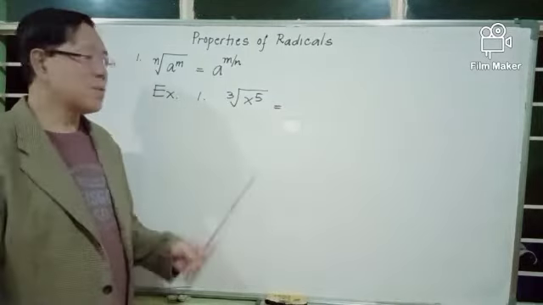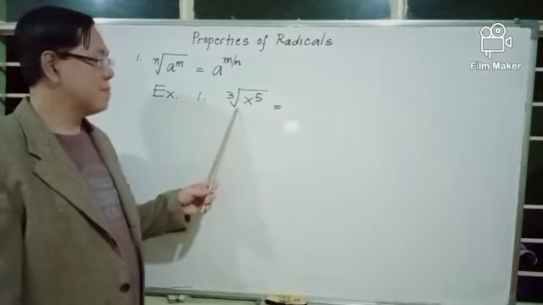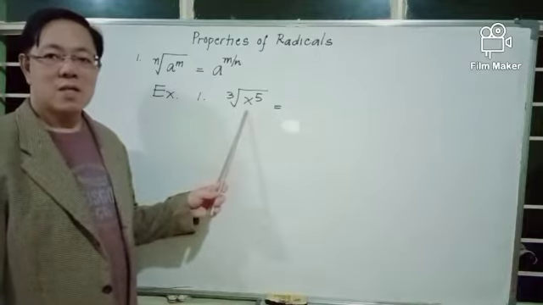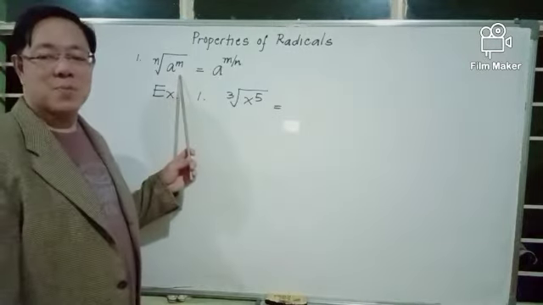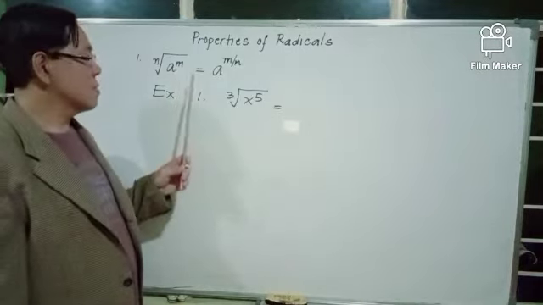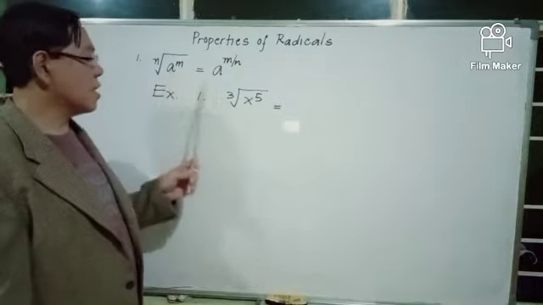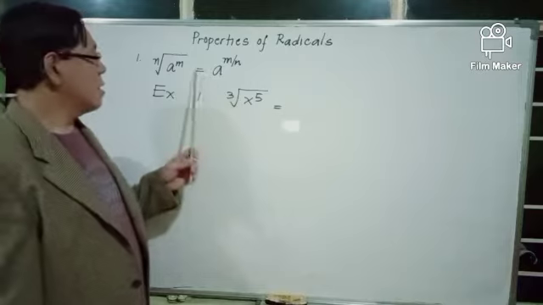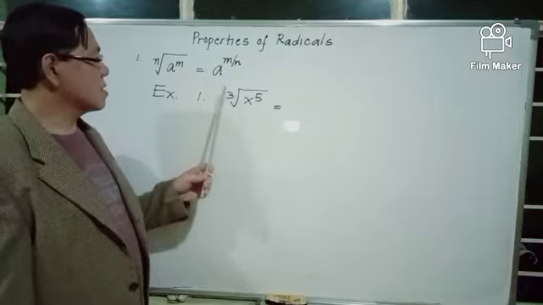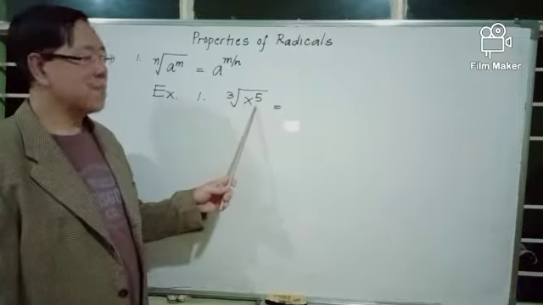If you want to remove the radical sign from this expression, apply the first property of radical. The index n is 3, your a is x, and your m is 5.